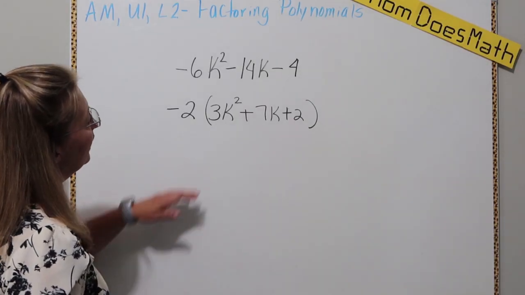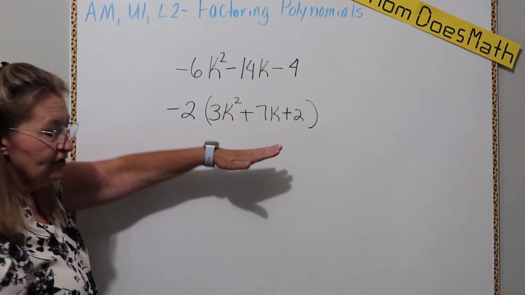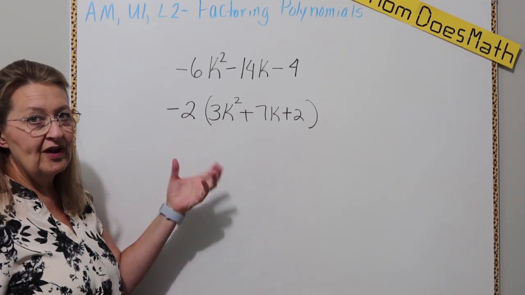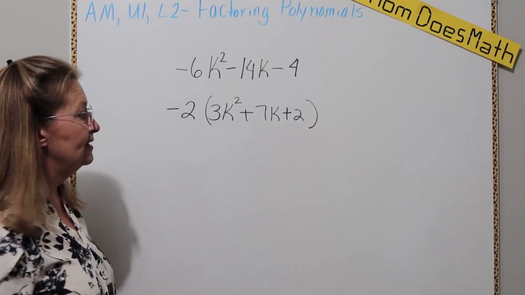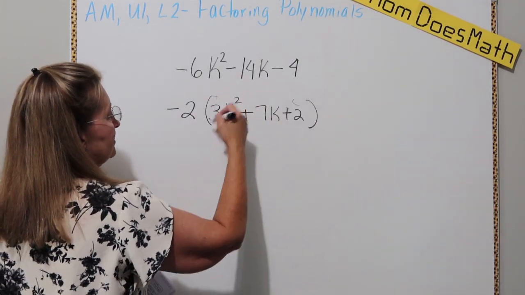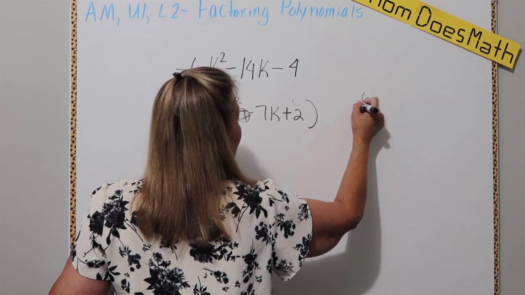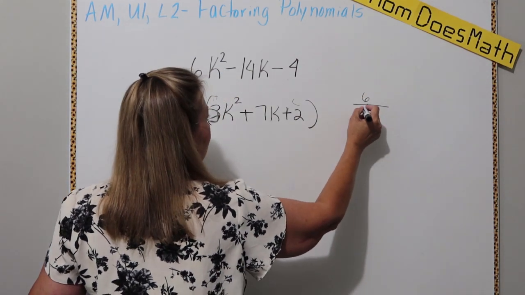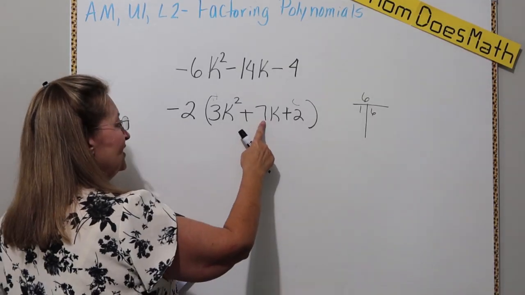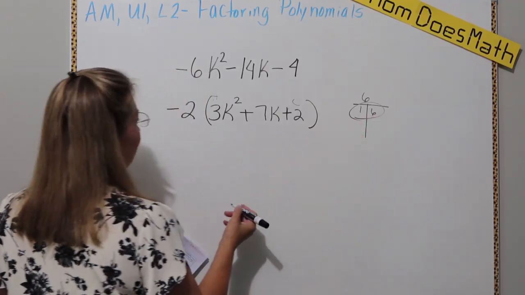All right? Now, we look at just this part. We have a trinomial. We do have a coefficient in front of the first term, so that means we're going to have to use the AC method. So I'm going to multiply A times C. 3 times 2 is 6. And I'm looking for a pair of numbers that will multiply to give me 6, but add up to give me 7. And right there it's 1 and 6.